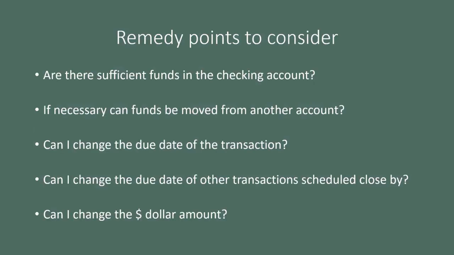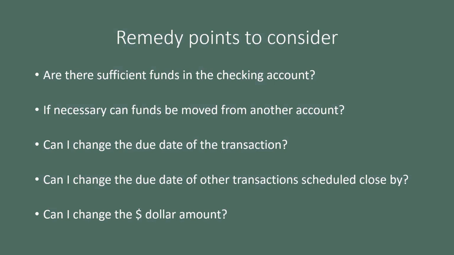So these are the remedy points I would ask you to consider if you are getting reconciliation errors. First of all, are there sufficient funds in the checking account? And if there aren't, is it possible that funds could be moved or transferred from another account? That may get you over a situation. Alternatively, can you change the due date of an upcoming transaction?